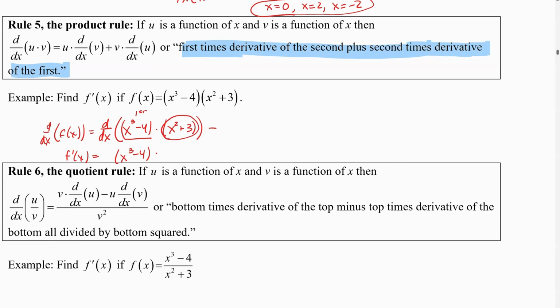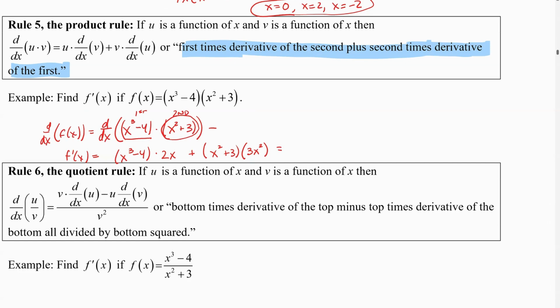Do we know what the derivative of the x squared plus 3 is? I think so. I think it's 2x. Plus, again, we call this the second, x squared plus 3. And do we know the derivative of the first? Yeah, derivative of x cubed, bring the power down, reduce the power by 1. And there we have it.